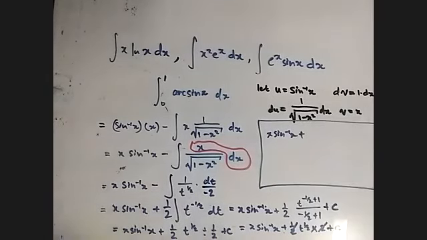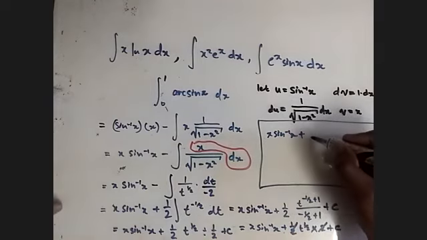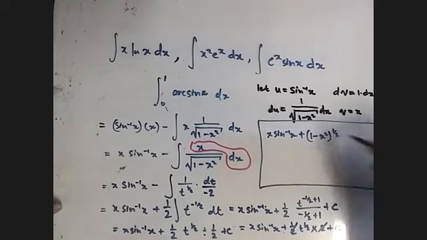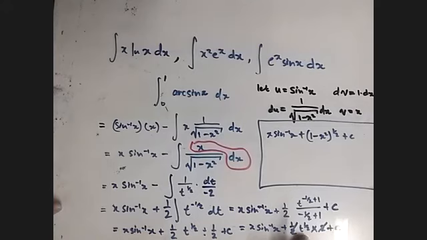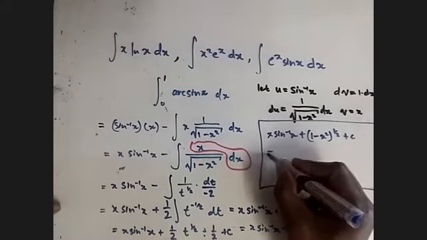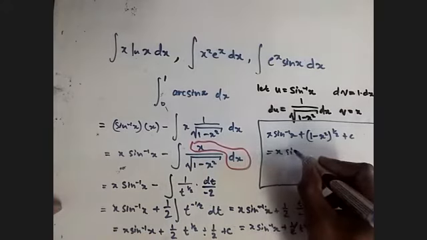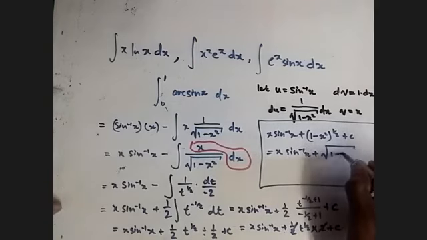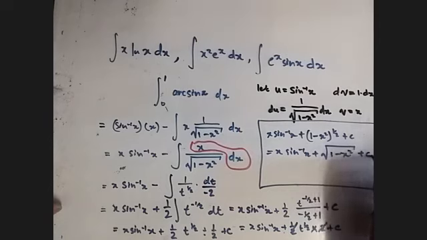I just rubbed off t, I'm so sorry about this. However, it's fine because we know that this is going to be our t to the 1/2, then plus c. So this becomes x sine x plus the square root of 1 minus x squared plus c.